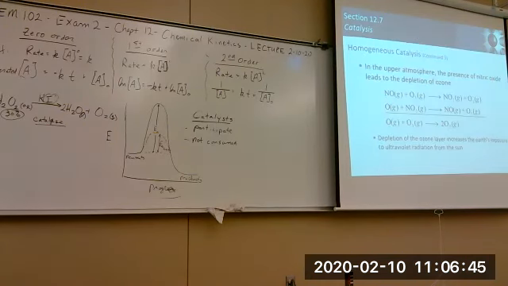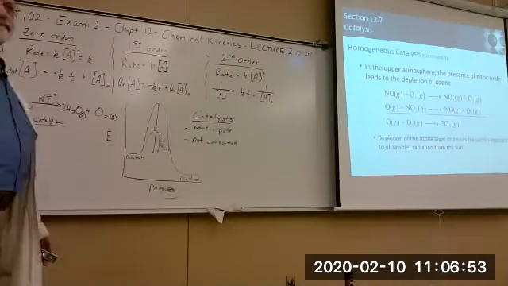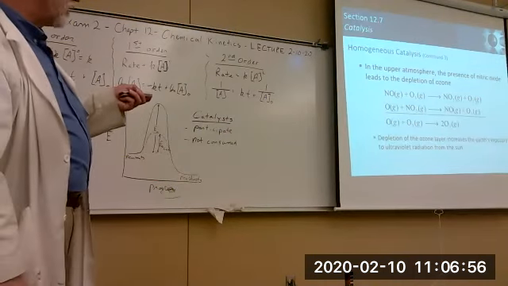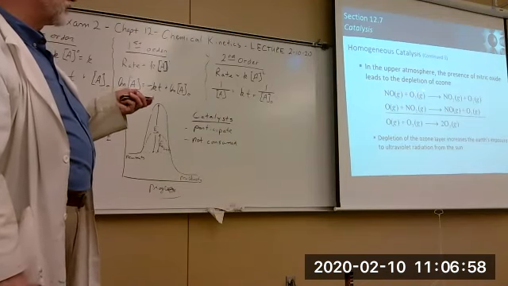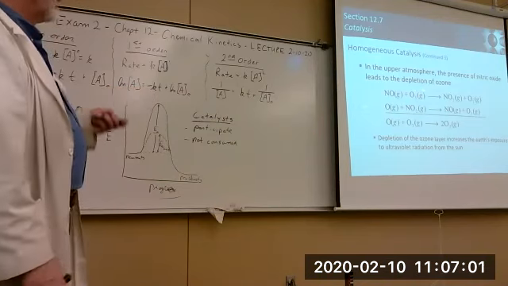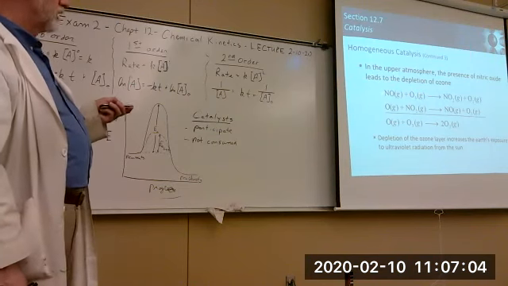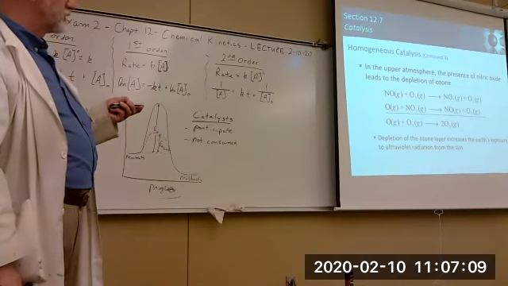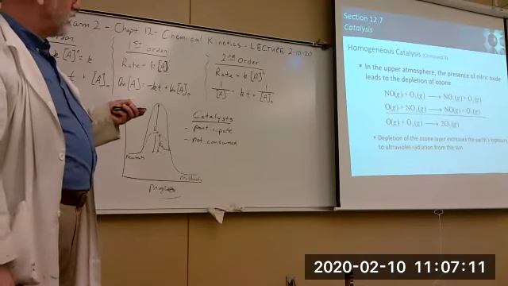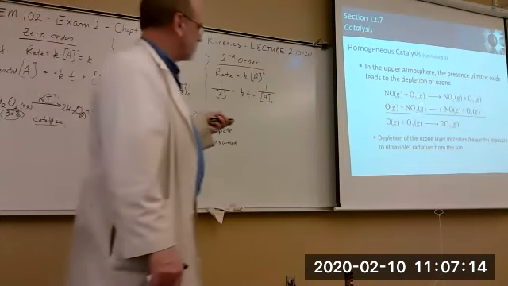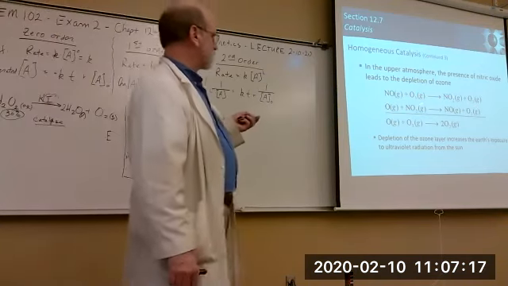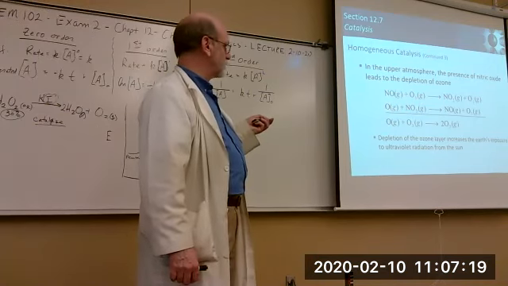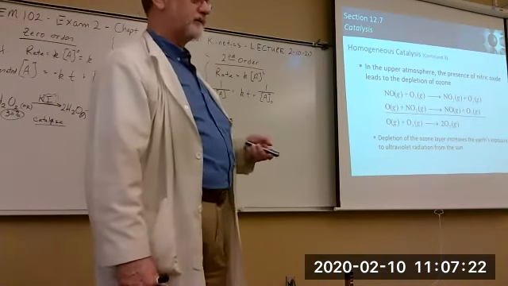Okay, here's an example of a homogeneous catalyst in the upper stratosphere, right? We say ozone, O3, protects us from certain types of ultraviolet radiation. If you get NO up there, it catalyzes the decomposition of O3. So NO2 produces O2, and then you also get a special type of oxygen called a free radical.